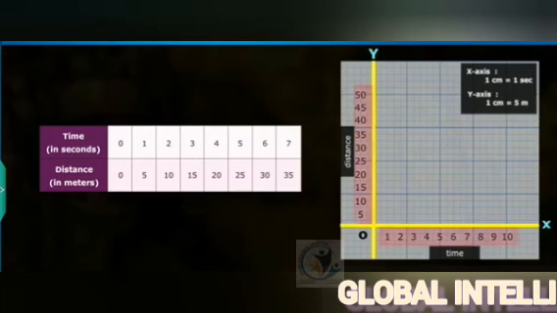The first number of the set represents time and the second number represents the corresponding distance. To mark the set of values 0, 0, look at 0 on the x-axis and 0 on the y-axis. This point is the origin.